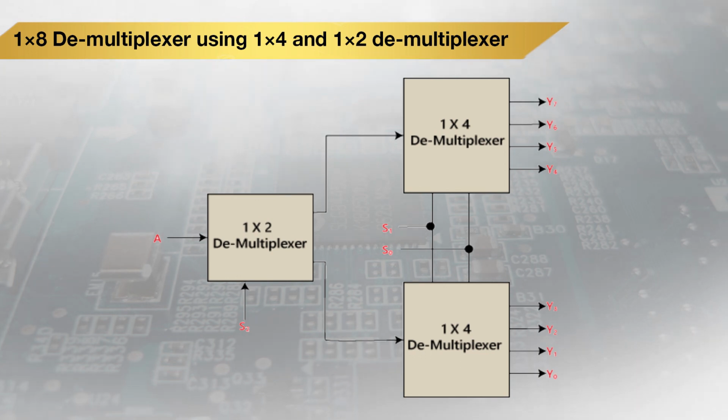So there will be 3 selection lines, distributed in this manner, and the 8 output lines are provided by the two 1x4 demuxes. The single input line is given to the 1x2 demux, and the output of this 1x2 demux is provided to the 1x4 demuxes. In this manner we can design a 1x8 demultiplexer.